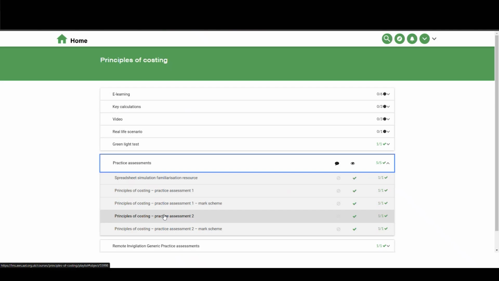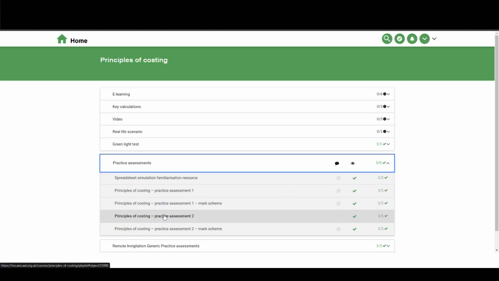So you have a couple of options. You can either check each task as you go along against the mark scheme. Now, obviously, that will take you a little bit of time to do. So it's not necessarily that helpful if you're trying to do a timed practice. However, you can go into these practice assessments as many times as you need to. So, I wouldn't worry too much about the timing of things.